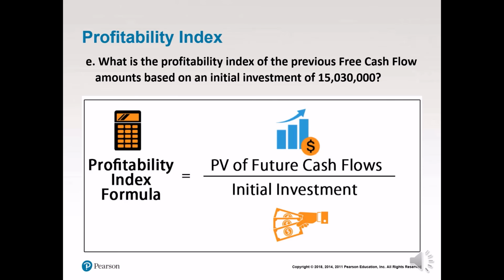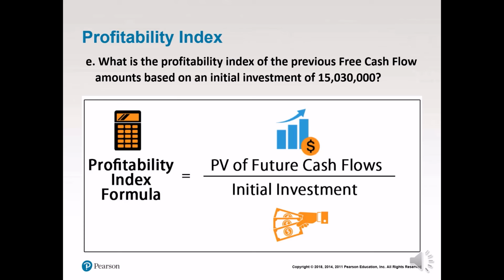Next, we will ask ourselves, what is our profitability index? Profitability index takes the present value of future cash flows, that's our year 1 through year 5 present value discounted back at 12%, and divides it by a positive value of our initial cash outlay of $15,030,000.